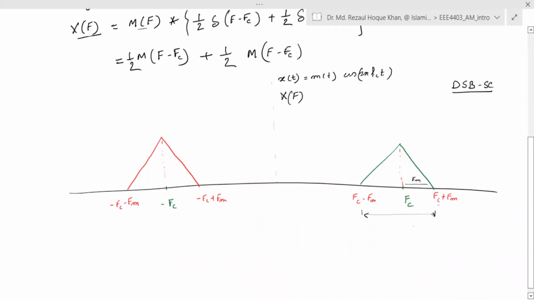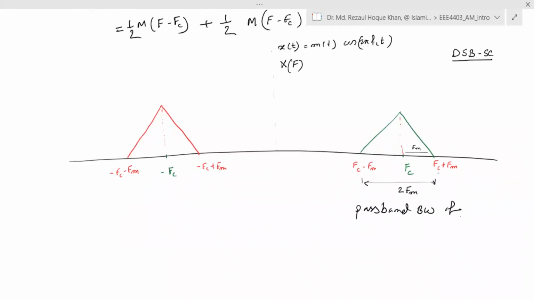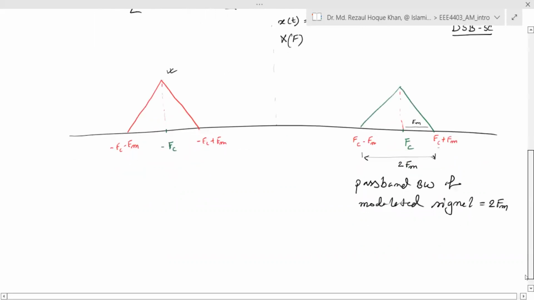So the bandwidth of this DSB modulated signal is twice f_m. This is also true for the negative part.